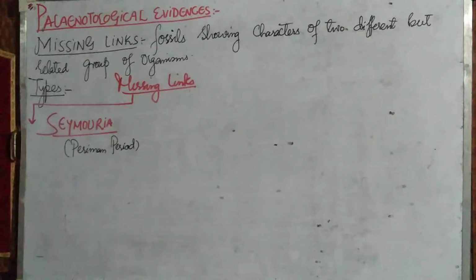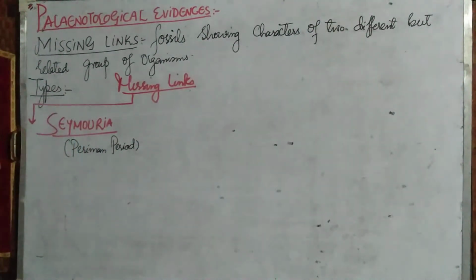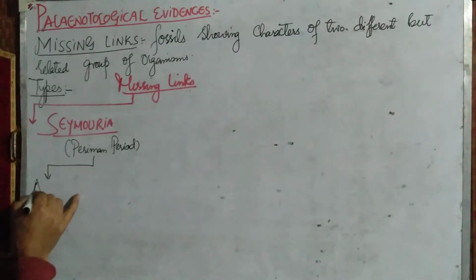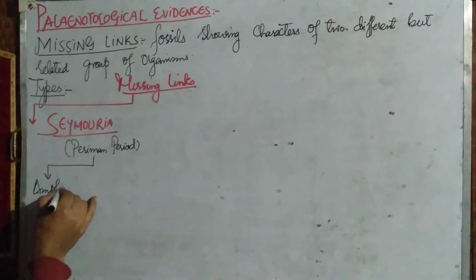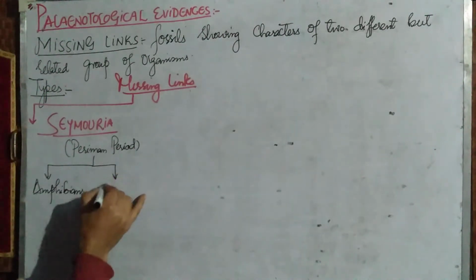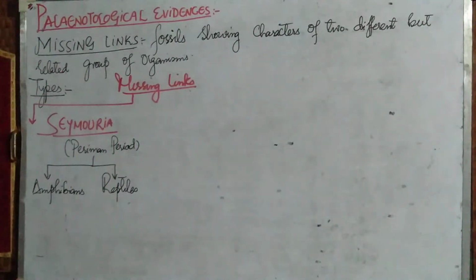And this missing link shows characters of two different groups of organisms, means it shows characters of the amphibians on one hand and the reptiles on the other hand.